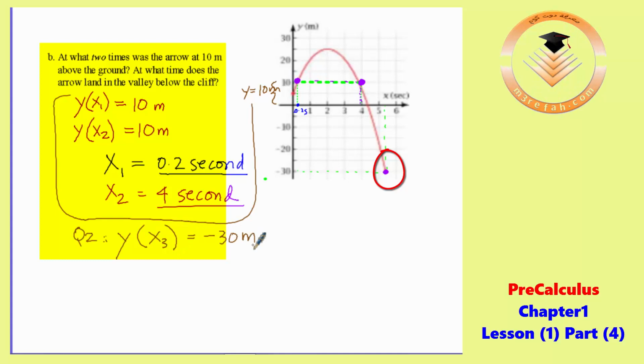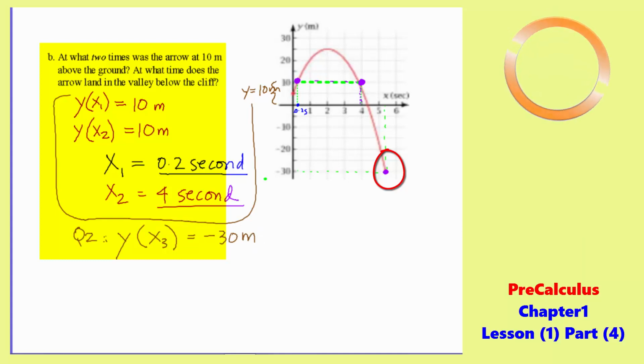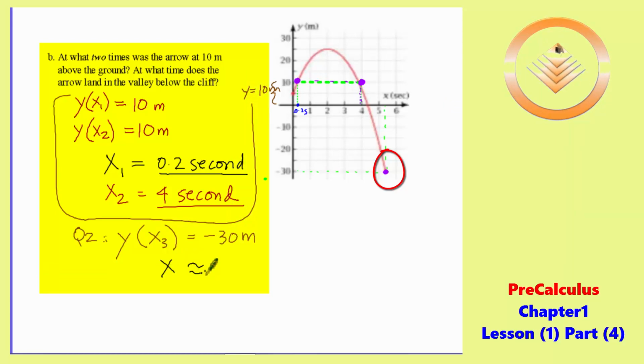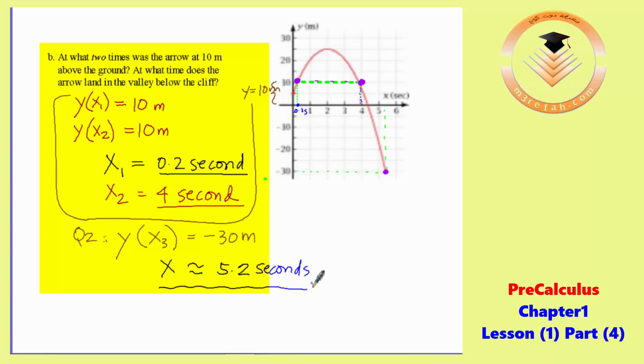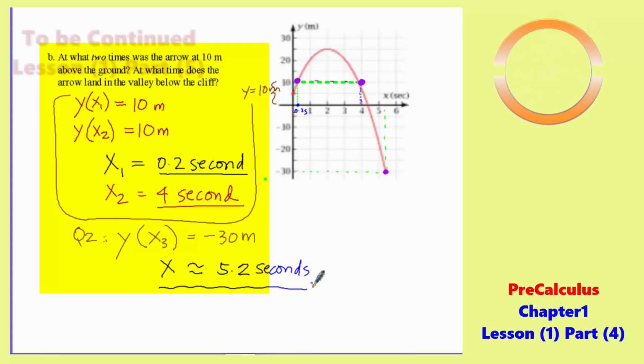In that case, what is our x3? It's approximately 5.2 seconds. So 5.2 seconds. These values answer our questions for letter B.